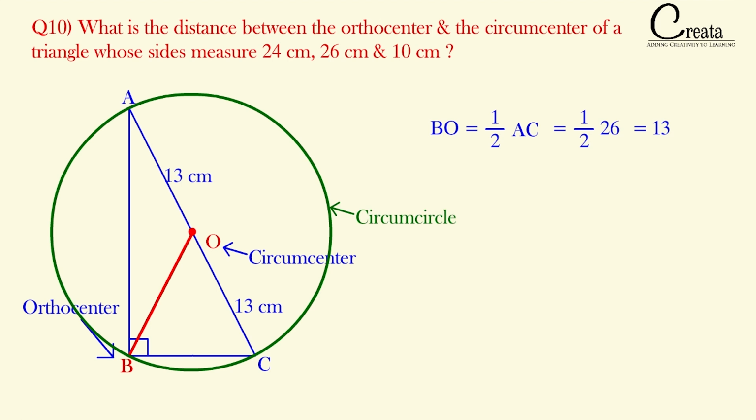And by looking at the figure, we can say O is the center point and OA, OB and OC are the radius of this circle. OA and OC is given as 13 cm, that is half of the hypotenuse. So we got the radius of the circle as 13 cm and OB is also the radius of the circle. So we got OB as also equal to 13 cm. That is the answer of the question.